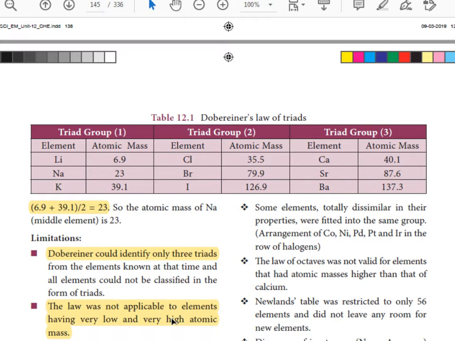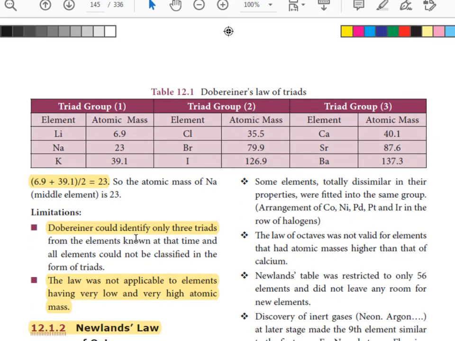When the 3 elements in a triad are arranged in the ascending order of their atomic masses, the atomic mass of the middle element is nearly the same as the average atomic mass of the other 2. Okay, so this is called Dobereiner's law. This is an important 2-mark question. And the limitation: he could not identify more than 3 triads, and it is not applicable to elements having very low and very high atomic mass.